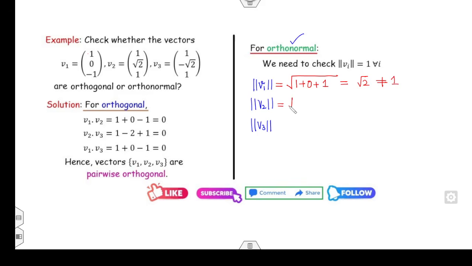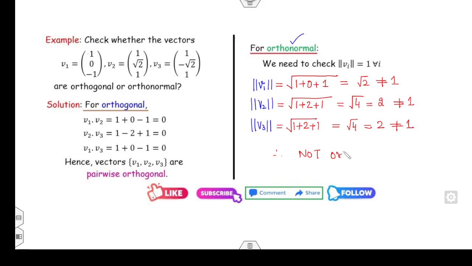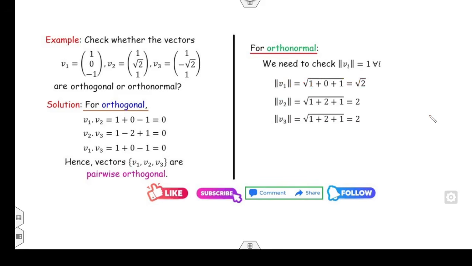Similarly, norm of v2 is root of 1 plus 2 plus 1, which is root 4, that is 2. Again, not equal to 1. And similarly for the last case, it is root of 1 plus 2 plus 1, which is root of 4, that is 2, which is not equal to 1. So they are not orthonormal. If at least one of them is not equal to 1, then they are not orthonormal.